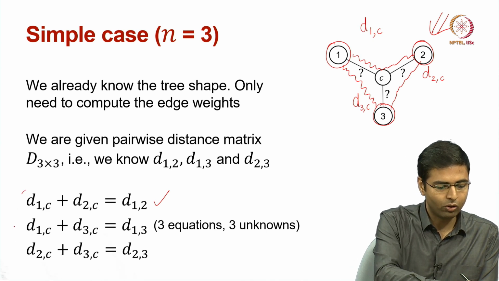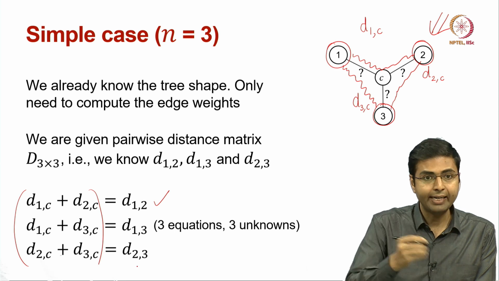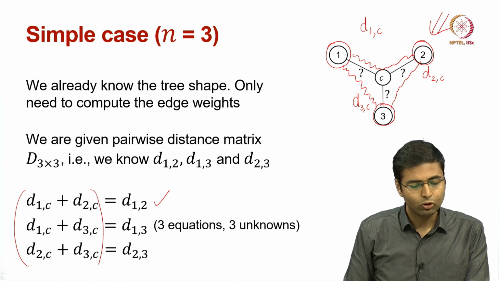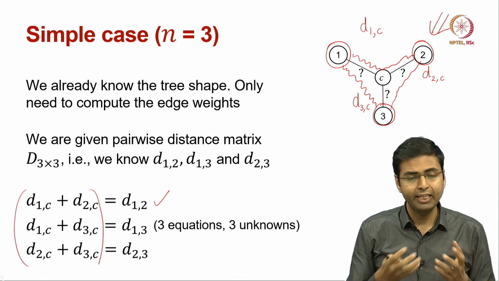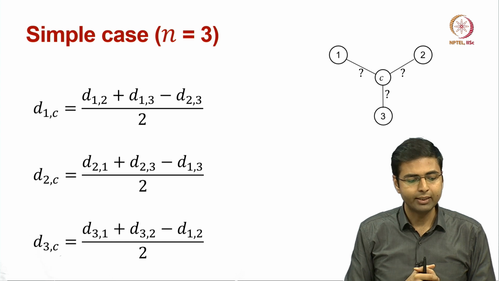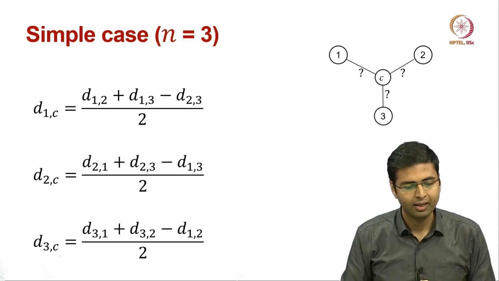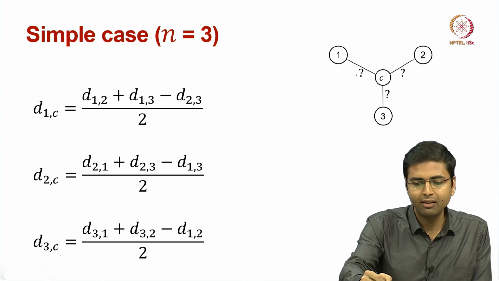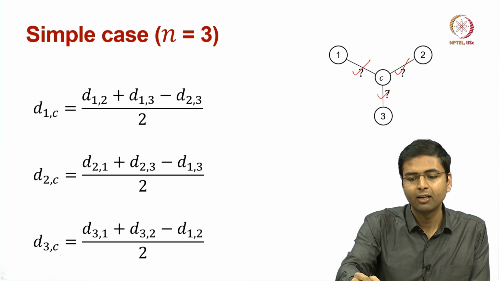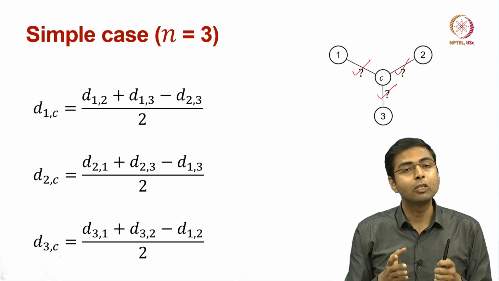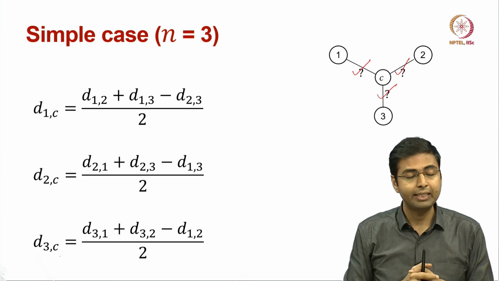These are your unknowns, and on the right hand side these values are known to you. Because it is a simple setup, it is very easy to find out the values of D1C, D2C and D3C in terms of the known values. So using this simple set of equations, you can figure out the edge weights, and as a result when n equals 3, this problem is easy to solve.